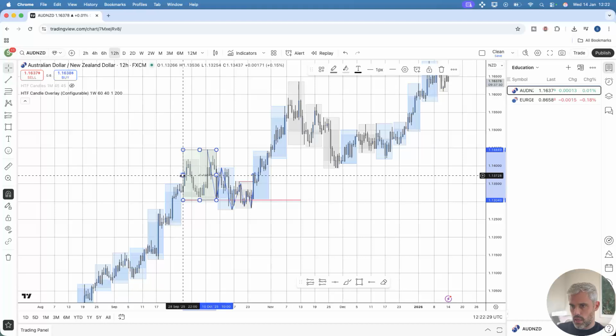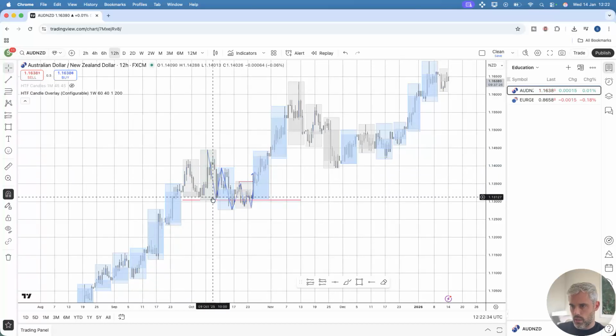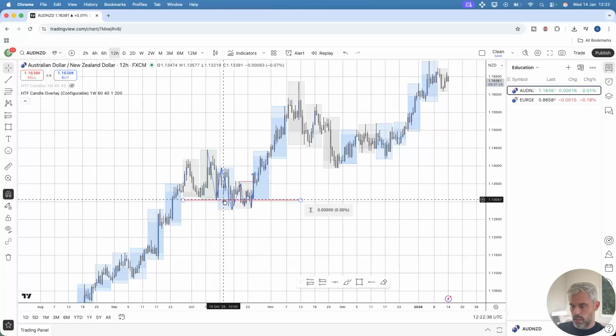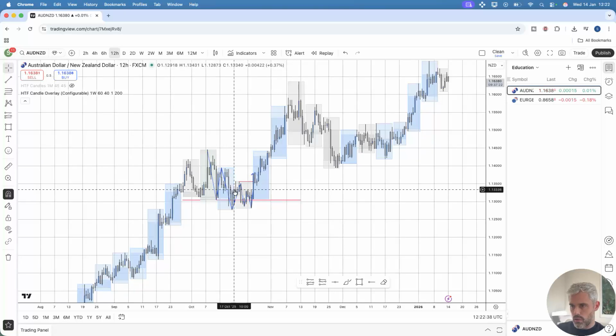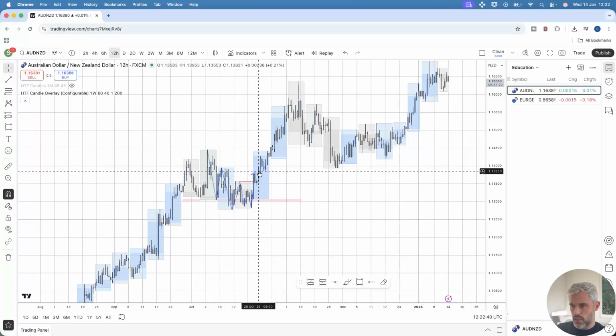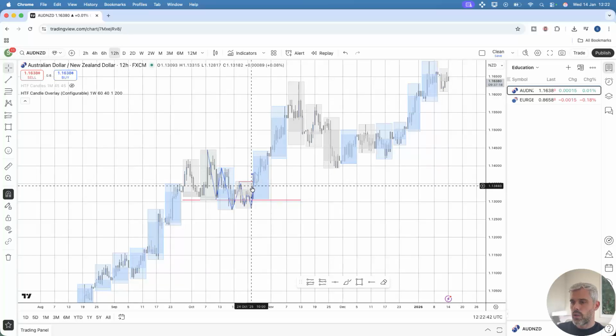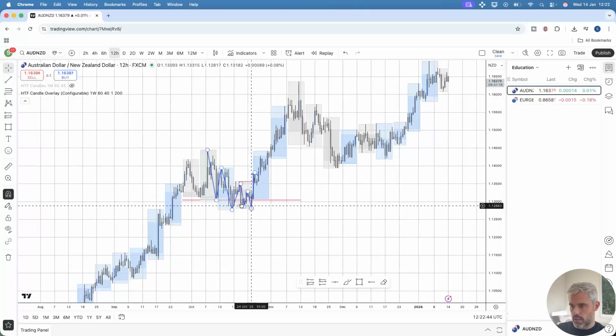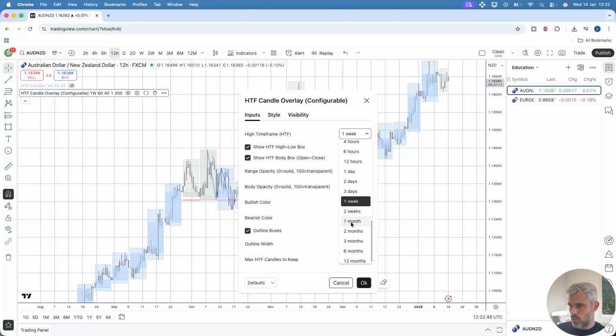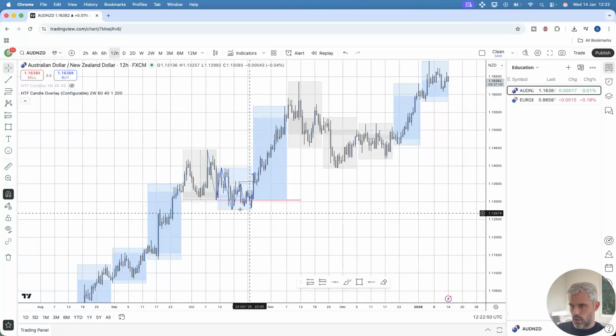So if we just take this box in, we have an accumulation candle, a manipulation candle below the low, a respect of the low, and then a shift. So we can use this exact action to understand what's going on. It's a 2-week turtle soup.